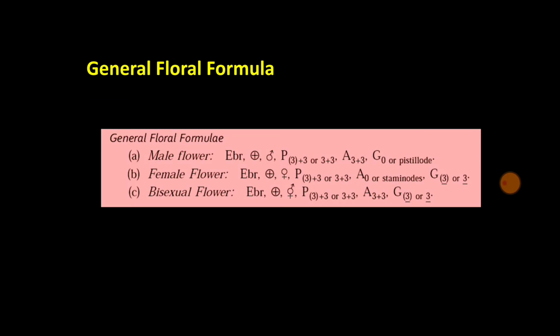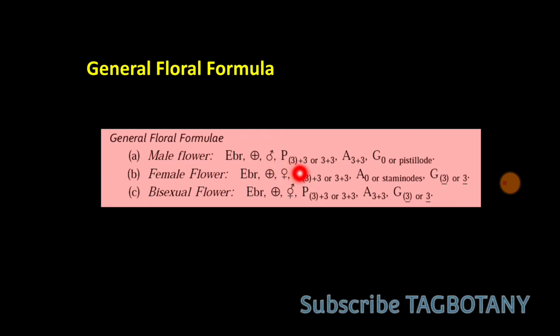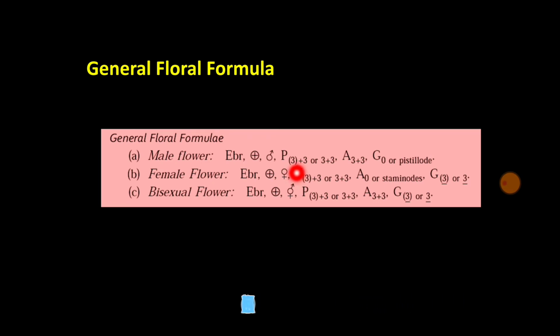Let us study general floral formula. So male flower: ebracteate, actinomorphic, male, this is the symbol of male. Perianth parts are 6 in number in 2 whorls, that is 3 in each whorl. It may be 3 plus 3 or (3) plus 3.